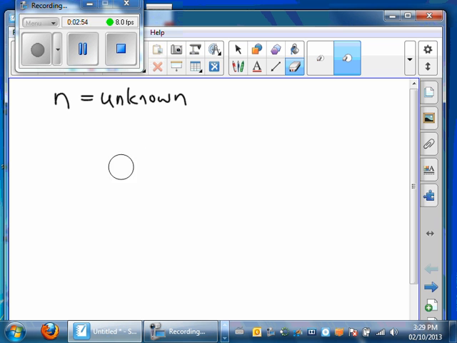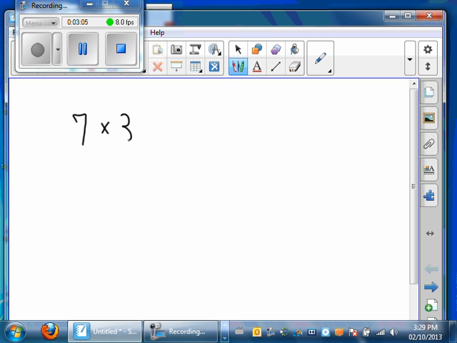But we can also multiply by unknown numbers. Earlier on, we would say 7 times 3 equals 21. Well, now that it's an unknown number, let's say we didn't know what the 3 was, we would simply put 7 times n equals 21. Now, this is correct, but in algebra, the way we write this is simply 7n.